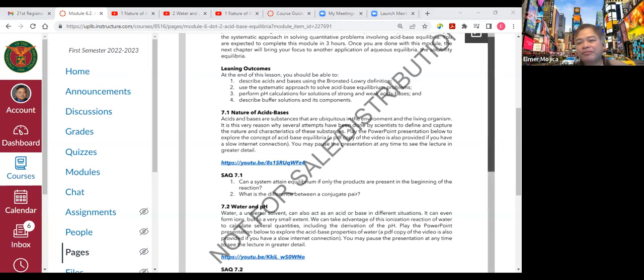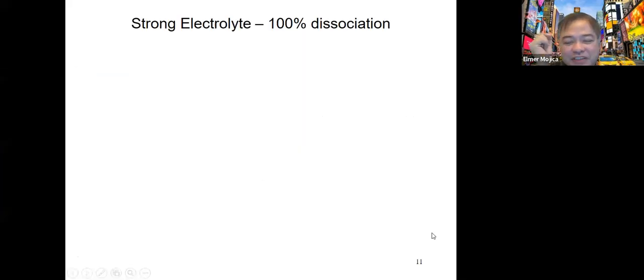So, let's now go to the definition. Weak acid, weak base, strong acid, strong base. And if you're going to look at the materials that you have there in the module, meron silang discussion ng tinatawag na electrolyte. Okay? So, one definition of an electrolyte is strong electrolyte. So, when you have a strong electrolyte, this is the one that undergo 100% dissociation.